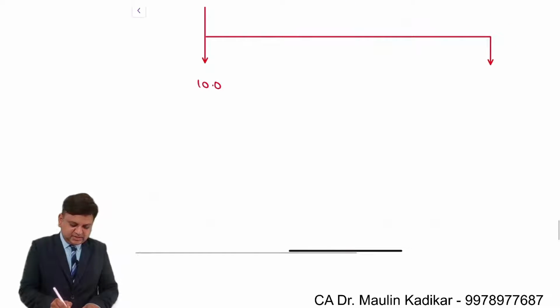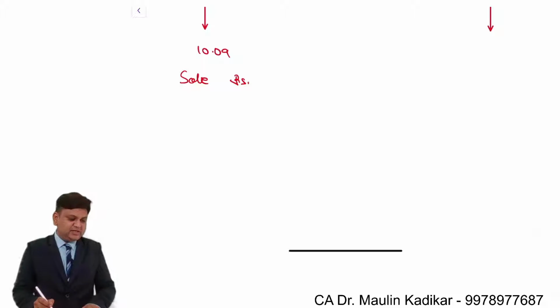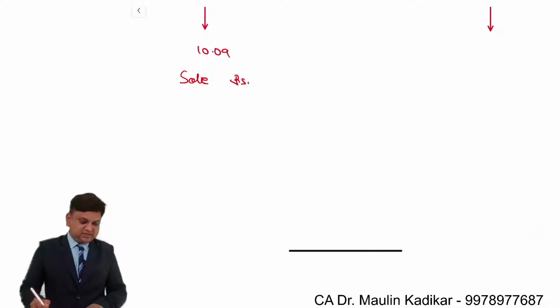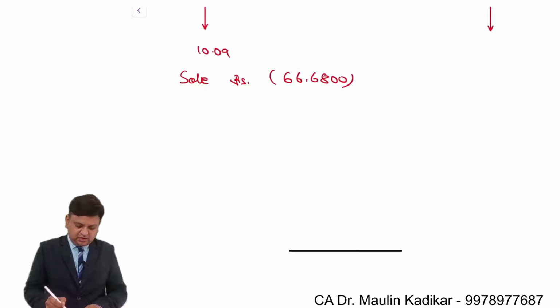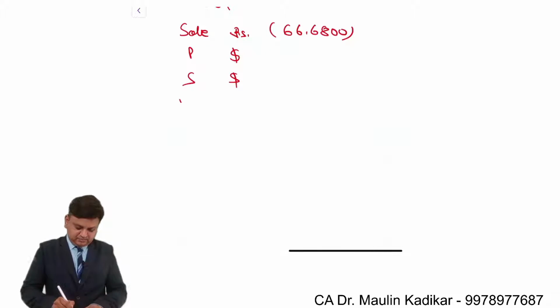So one is the 10th of September transaction in which you sell rupees at 66.68 to buy dollar, and the same dollar is sold in the spot market at 66.15.